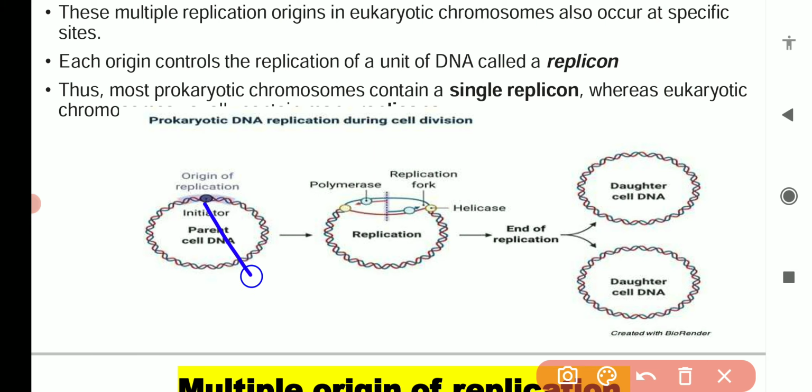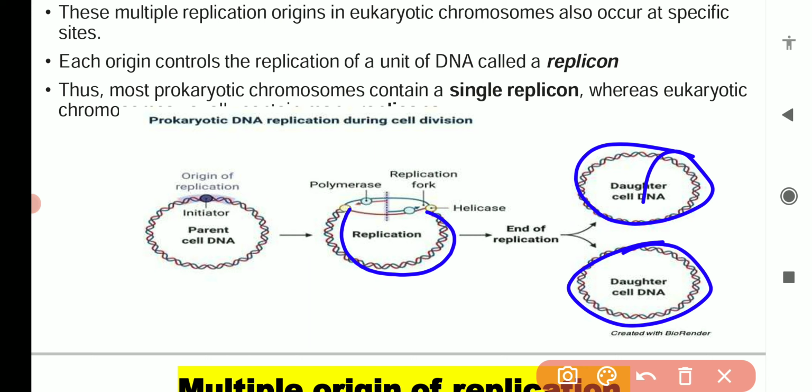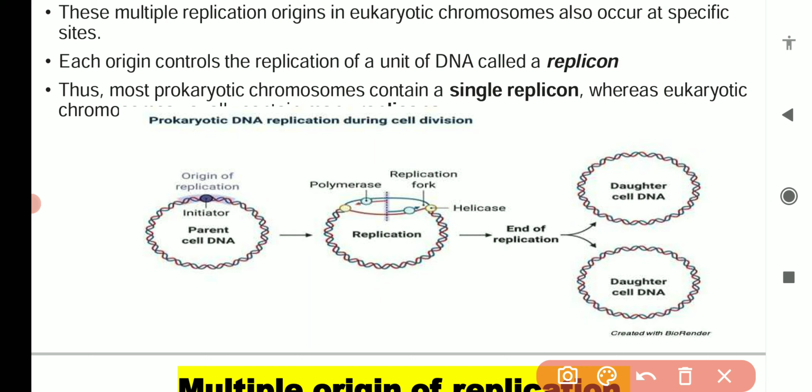From this origin, replication starts, and after completion of replication, two daughter DNAs will be formed. We know that DNA replication is carried out in both directions from the origin of replication. So this is one replicon, because one single origin of replication is present in prokaryotes.